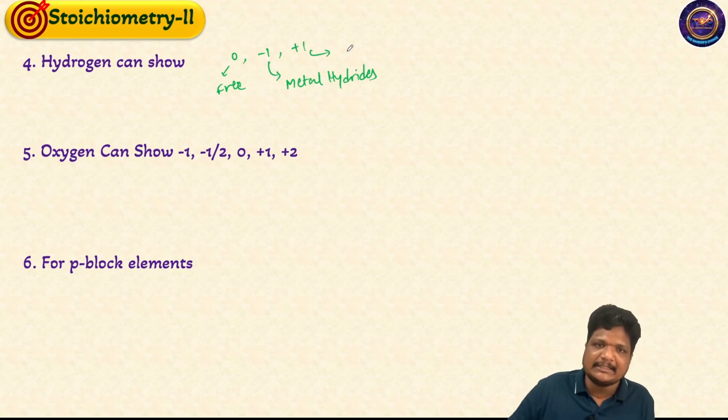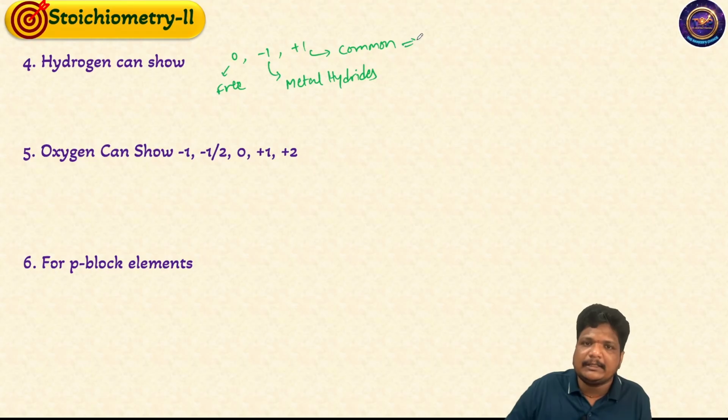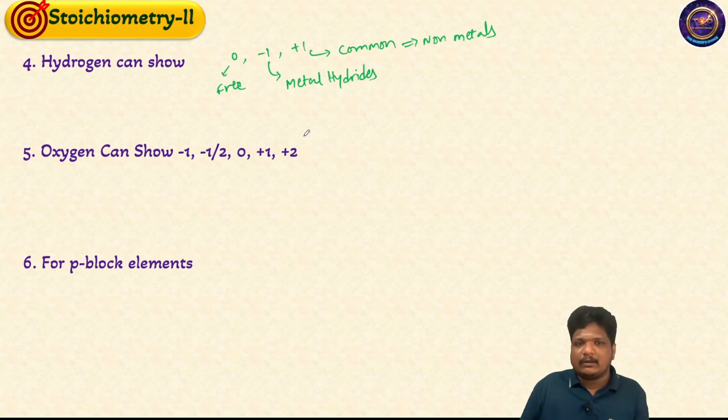The plus 1 oxidation state is the common oxidation number of hydrogen. Generally, with non-metals, it shows plus one oxidation state.